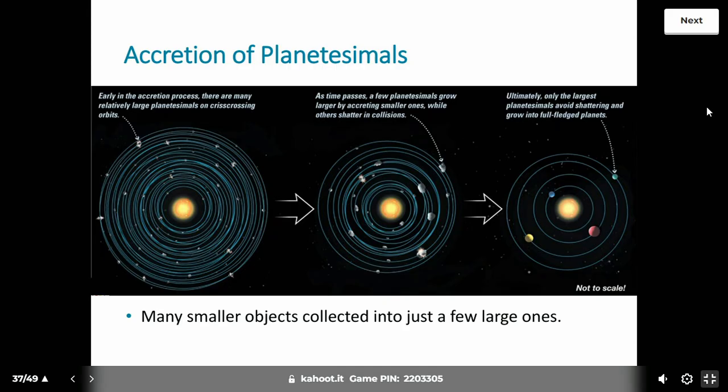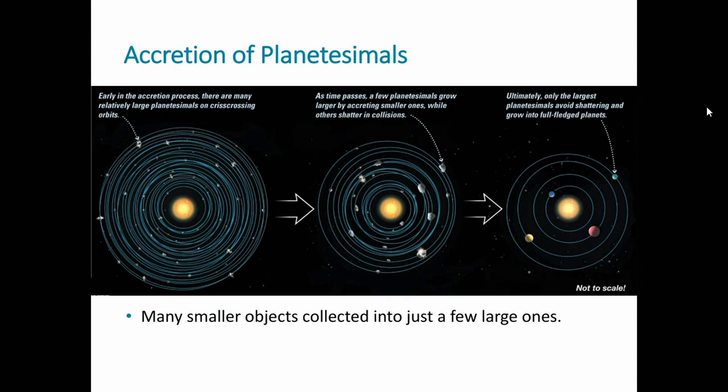And so this accretion process is not necessarily a nice, smooth process. It can be very violent. You go from the picture on the left with all of these small planetesimals.